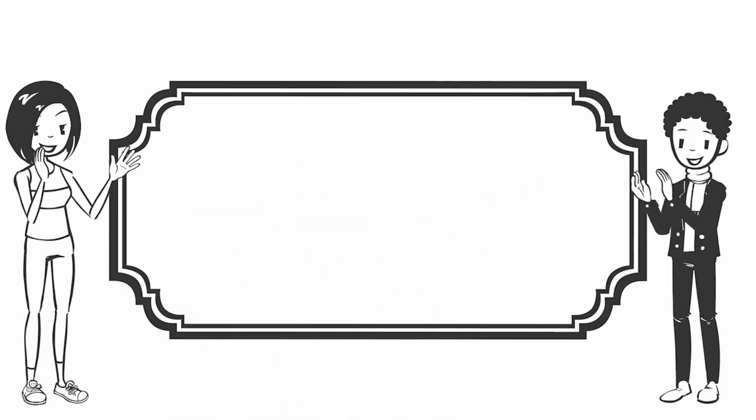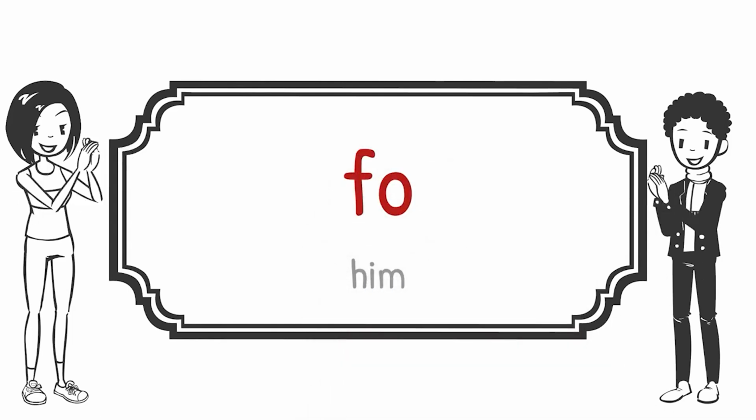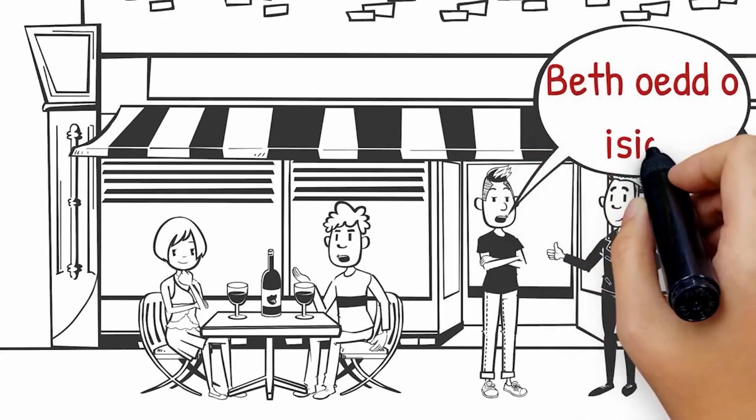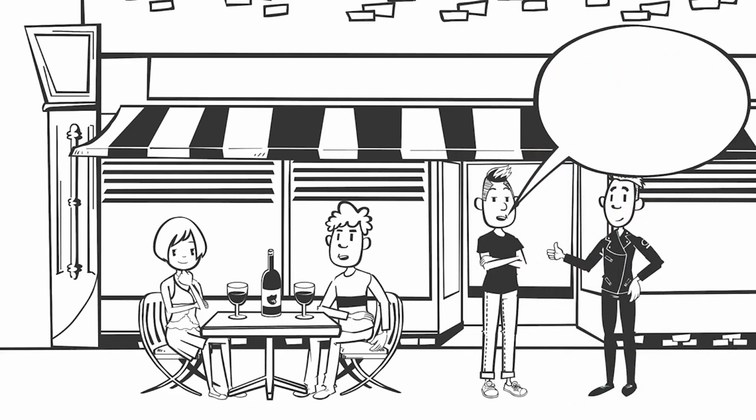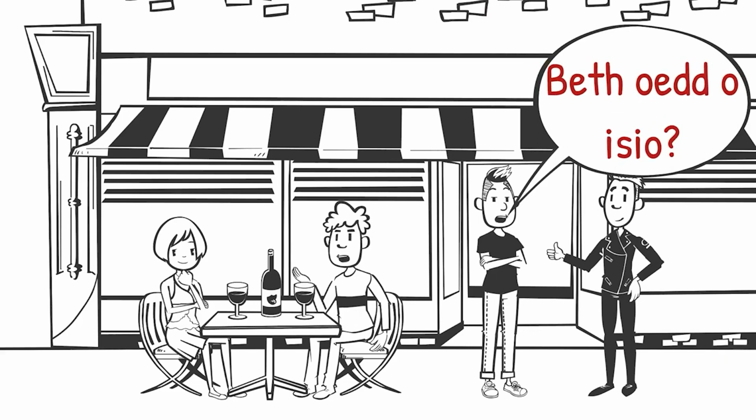Now we'll try a question with fo, him, in it. Be oedd o isio? You try it. Be oedd o isio? Here are some examples of how to answer what he wanted.